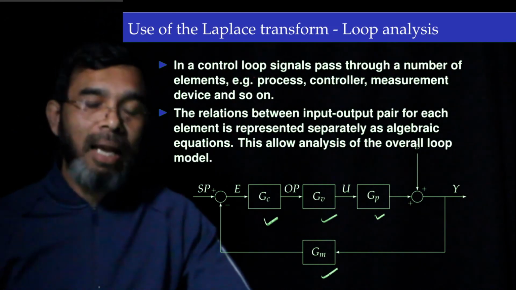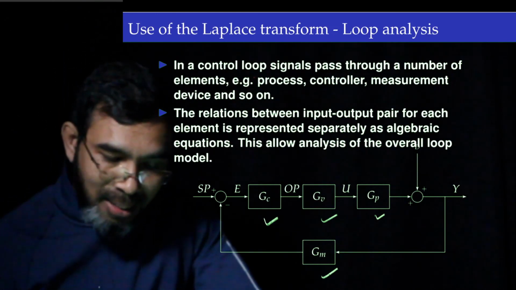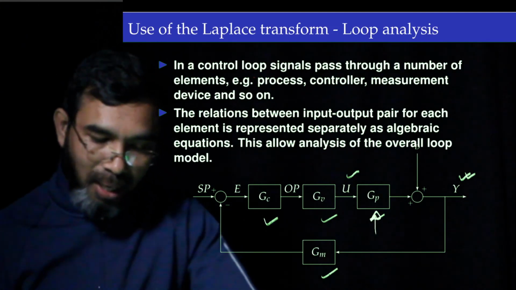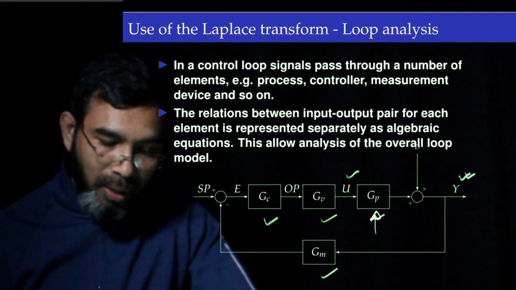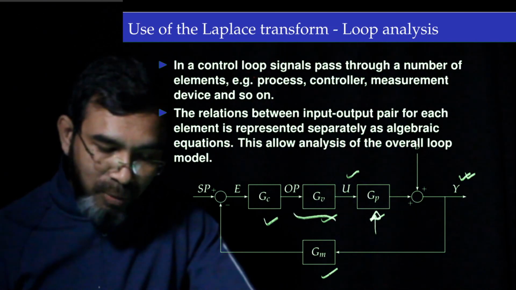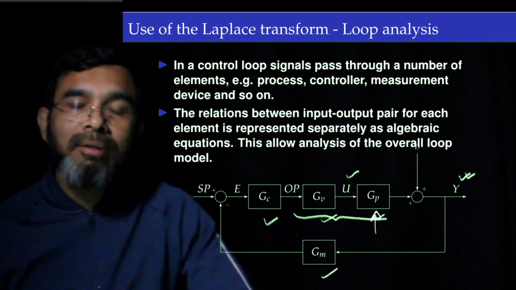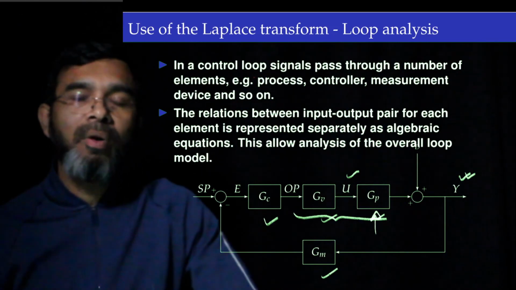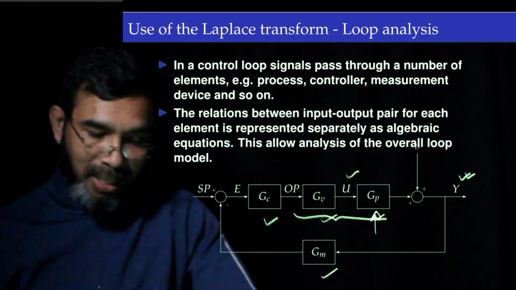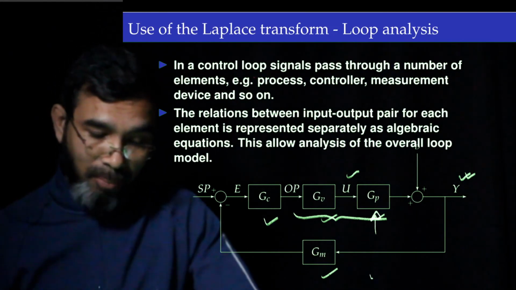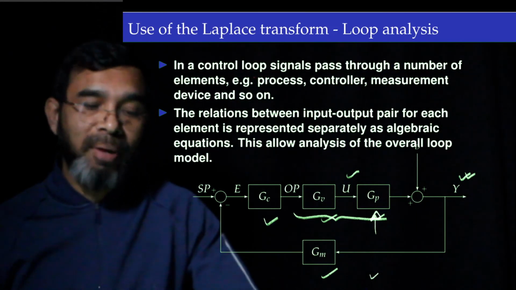On the other hand, in the Laplace domain each signal is related by a function, and we'll see later that you can represent this using a simple block diagram, and further analysis and manipulation of these equations becomes much easier because they are in the form of algebraic equations. That makes the manipulation much easier.